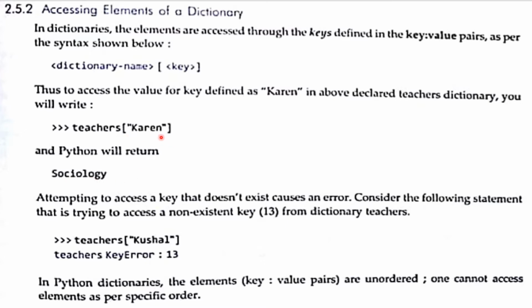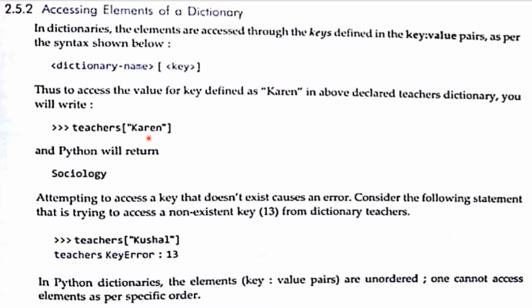So if you want to access one particular key, you can use this way: name of the dictionary and the name of the key. So you get the value given for the key named Karen.